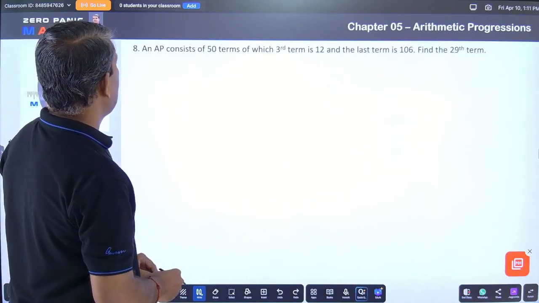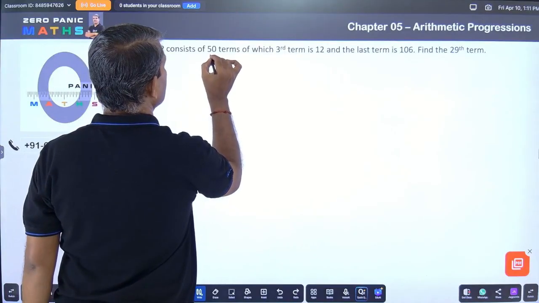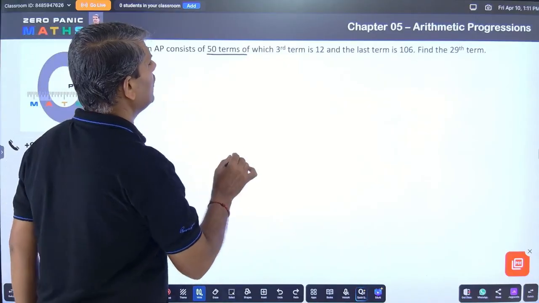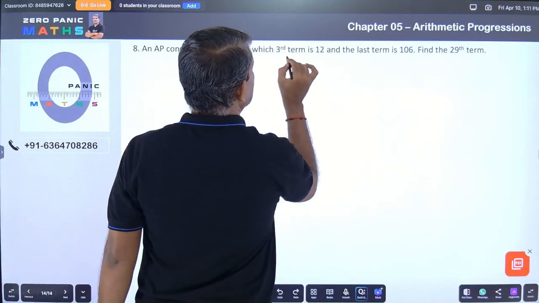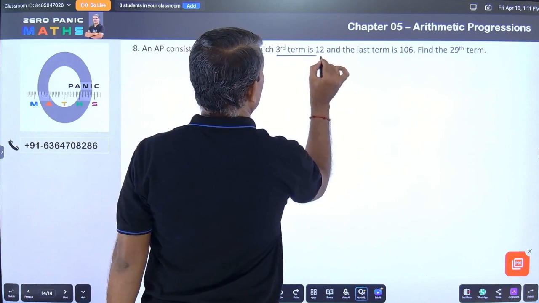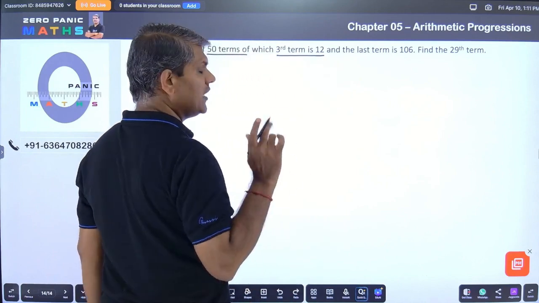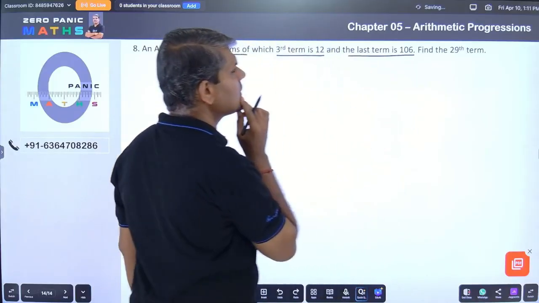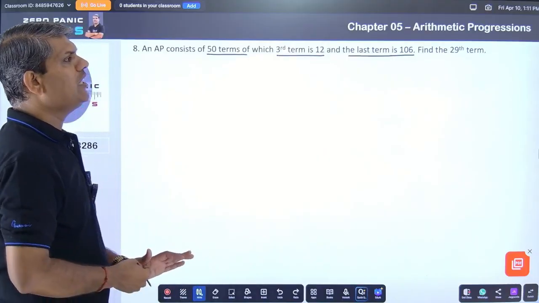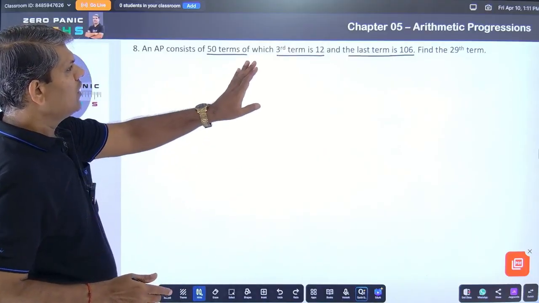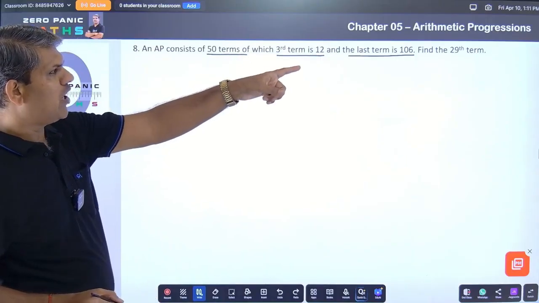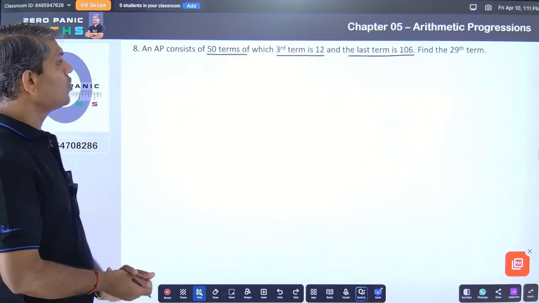An AP consists of 50 terms. So they have given n, the value as n. Of which the third term, which is A3, is 12, and the last term is 106. Find the 29th term. So with the given values, we need to find out the 29th term. So what is given?